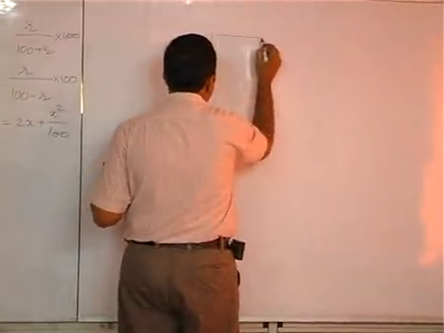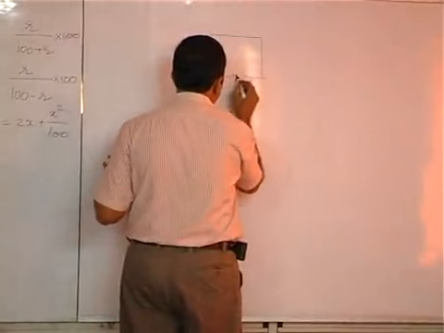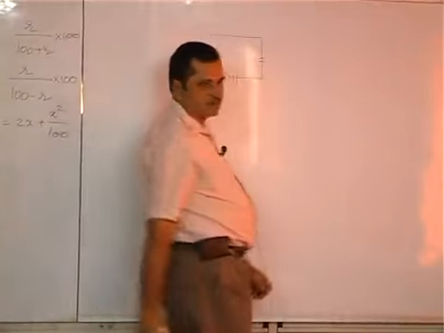Perimeter is decreased by 50% implies sides are decreased by 50%, is it not?